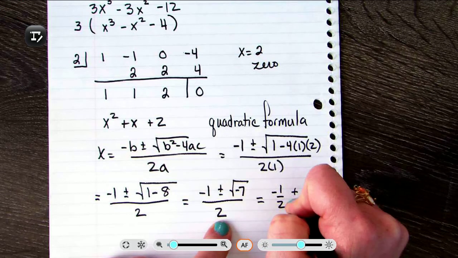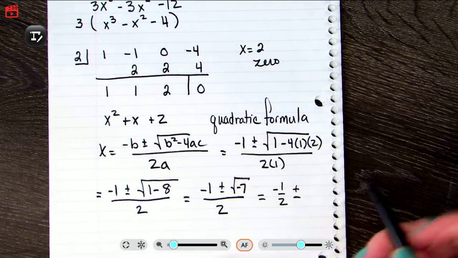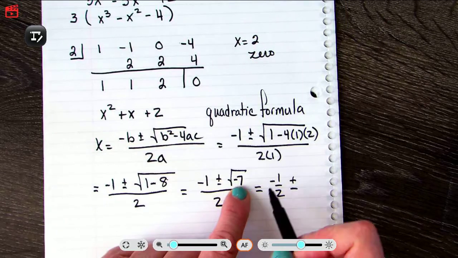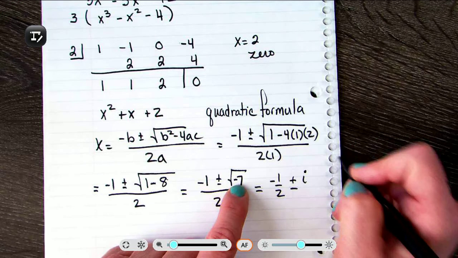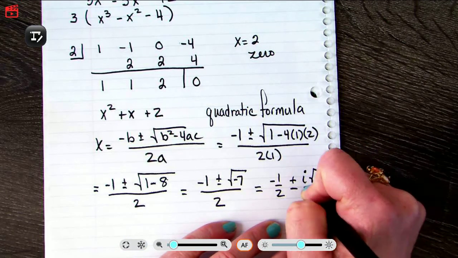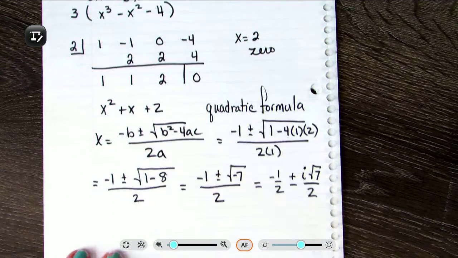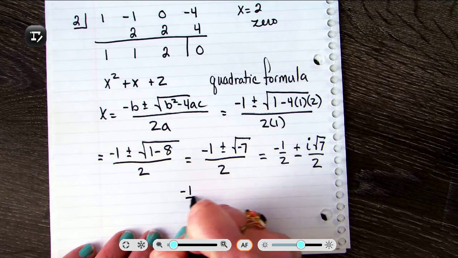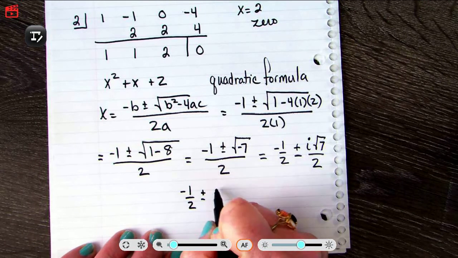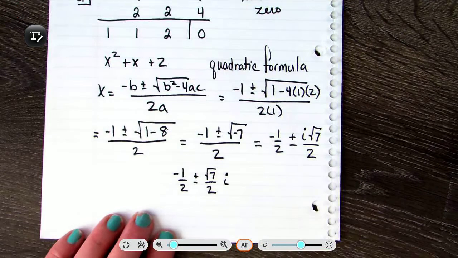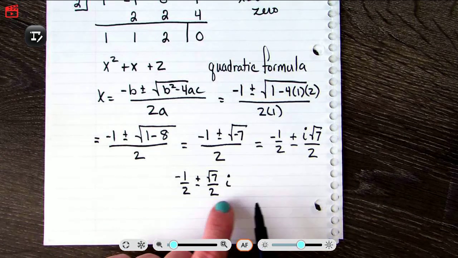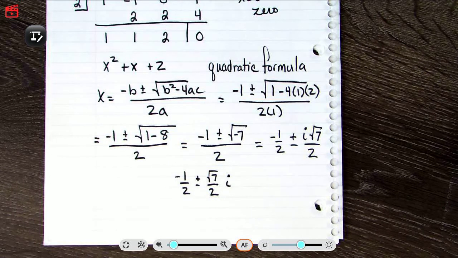We'll have two answers, one being positive, one being negative. That square root of that negative, we're going to see that i pop up, square root of 7 over 2. Or if you really like, to make sure it's that a plus or minus bi, we'd see it there.